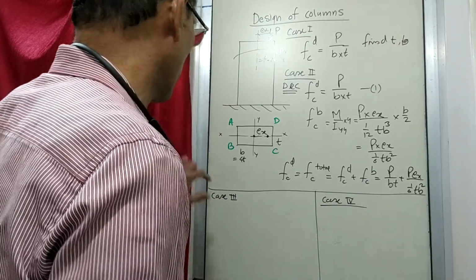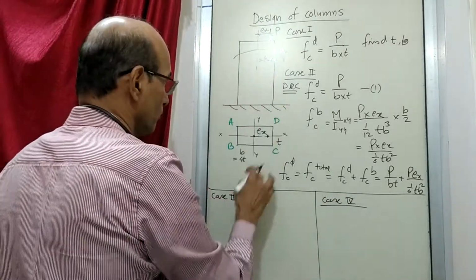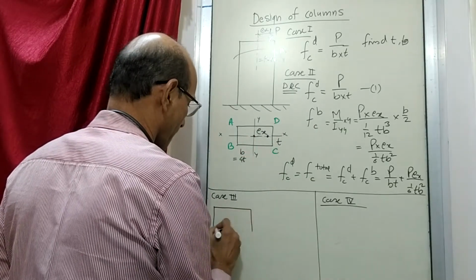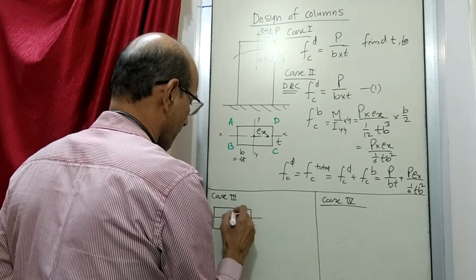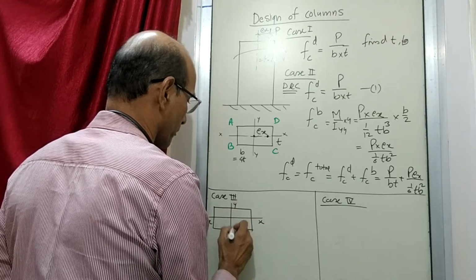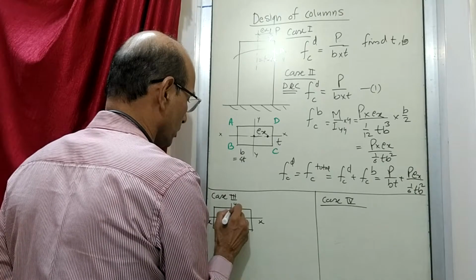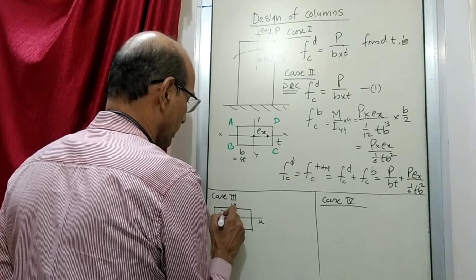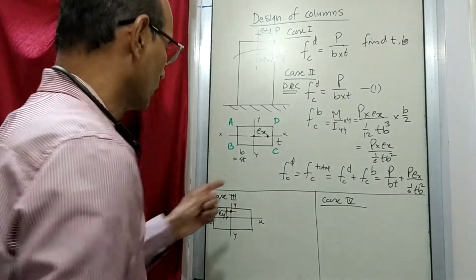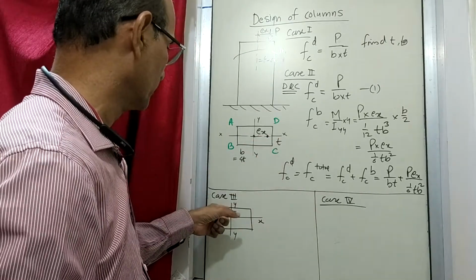Now in case 3, the load will be acting here, I'll just draw it. Now the load is acting here, and this distance is Ey. So like the load was acting here, now the load is acting here.